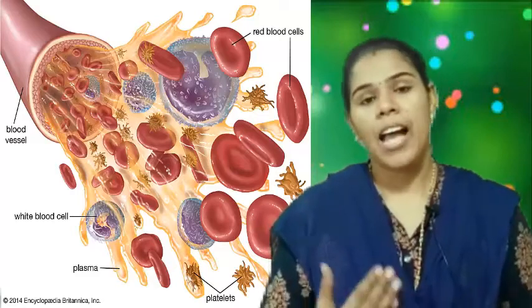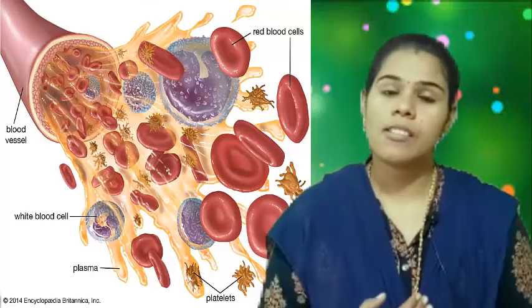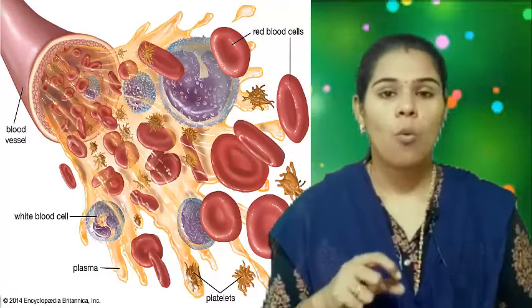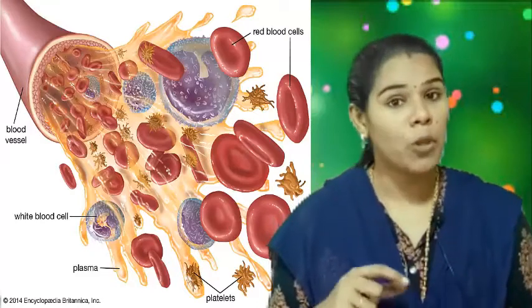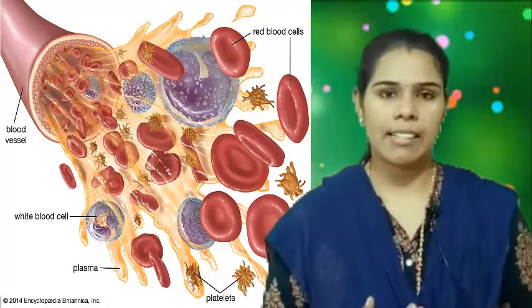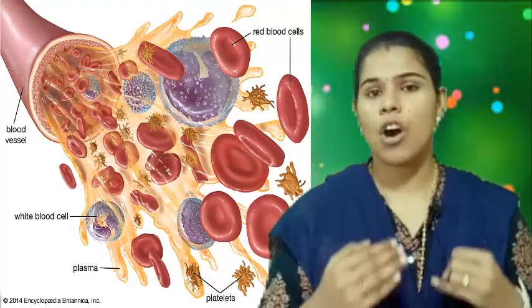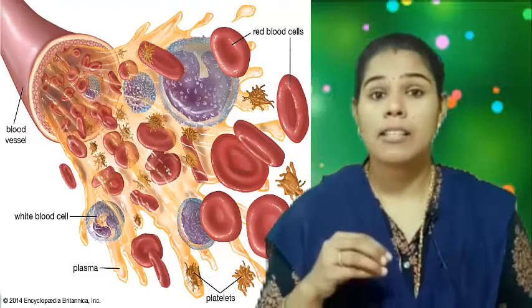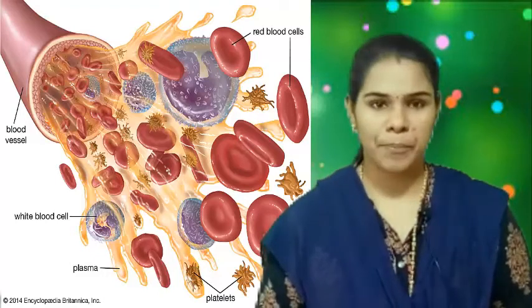The second cell is the white blood cell, WBC. And the third one is platelets. All these cells are suspended in the plasma.